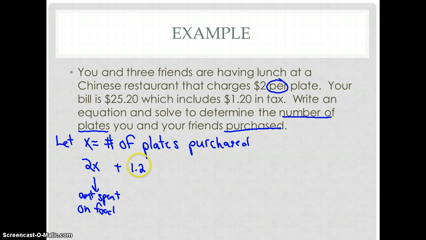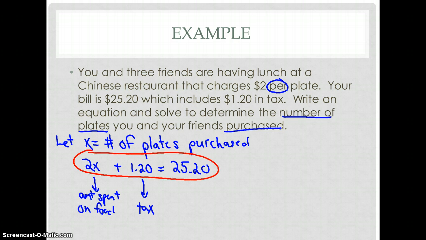So we add 1.20. This is the tax. And then we add those two together, our total bill is $25.20. So this is our algebraic model, our equation, that we can use to solve eventually, in the next week or so, to find out how many plates you and your friends purchased at the Chinese restaurant.